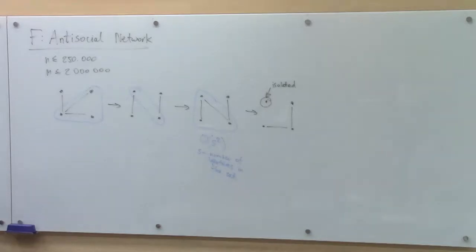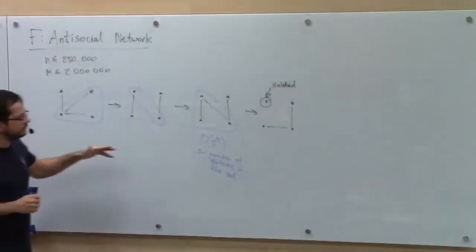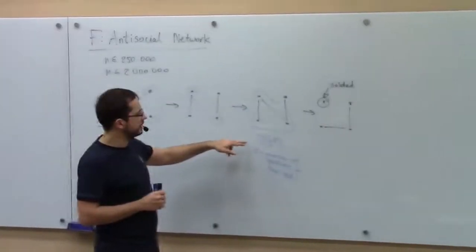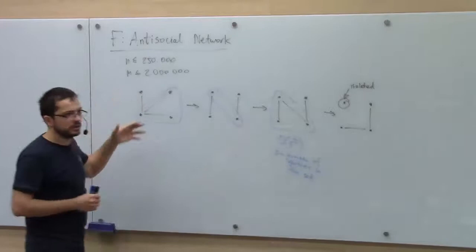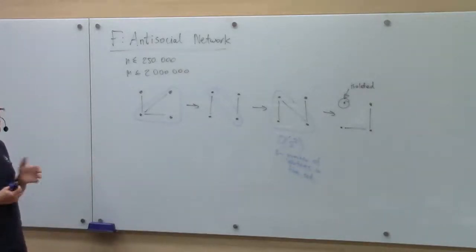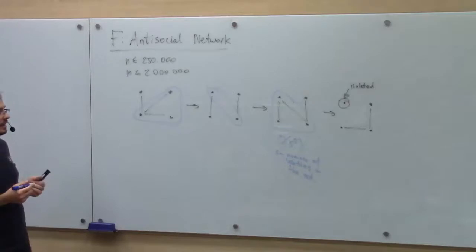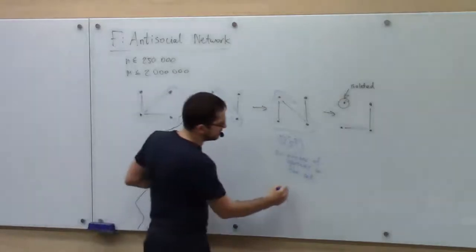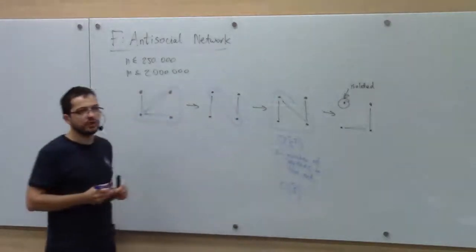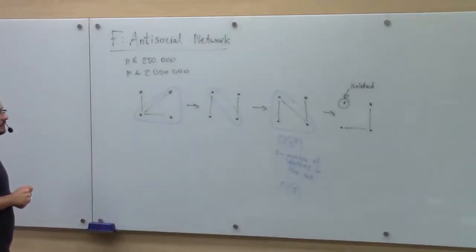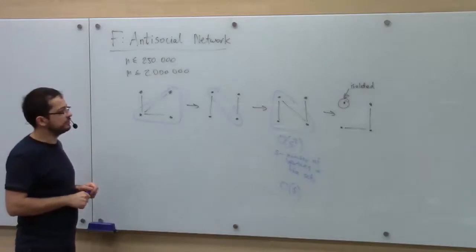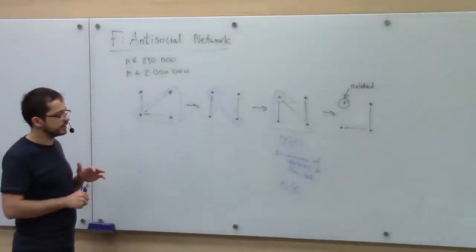From the constraints of the problem, I think there was also a limit on the total sum of the vertices in all the sets, and it was also about 1 million. So we can assume that if we could do an operation in time proportional to s instead of s squared, then probably our program should be accepted. And s squared will definitely be too much if the sets are big.